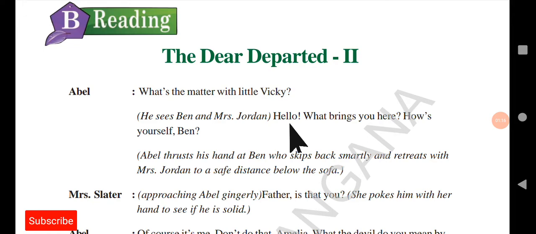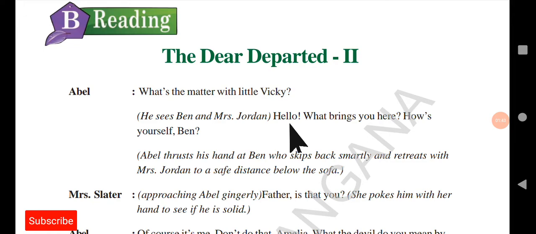In Part 1 we had seen that Abel Meriwether was just lying on the bed. Mrs. Slaughter and Elizabeth, along with their husbands, and Slaughter's daughter Victoria, are all in one place. Victoria goes up after so many arguments and after exchanging some things of her father.